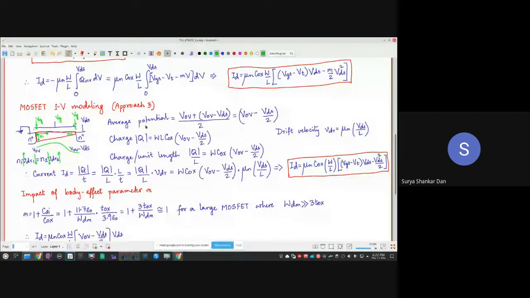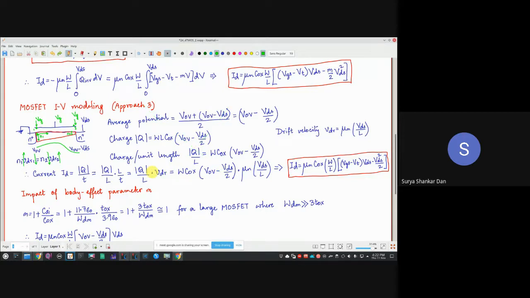So when we see later on for short channel devices, this approach 3 will not even be applicable. I will tell you why. Sedra Smith is all about microelectronic circuits. So 350 nanometer technology, 500 nanometer technology, that is 0.5 micron technology, this is good enough. But when you are speaking about 10 nanometer technology, then this is not going to work. This is totally off.